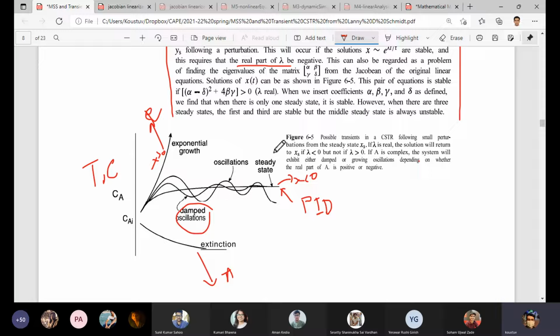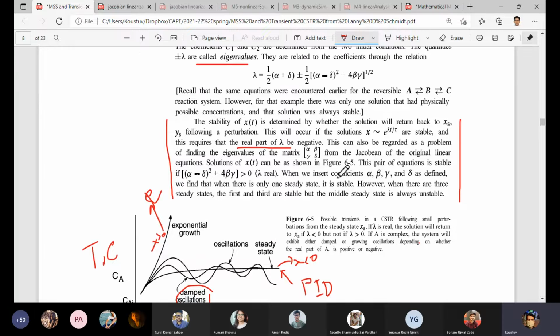That is why we can see the importance of calculations based on the eigenvalues of the matrix. So basically the stability of the steady states is analyzed like this.